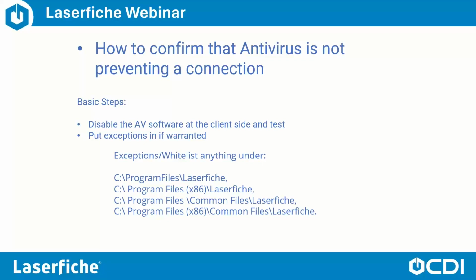And you can whitelist a path like we see here, C program files Laserfiche or C program files x86 Laserfiche, and even the common files pathing as well. So that can tell the antivirus software, hey, ignore any issues with these files. They're okay. We're fine with that. So as opposed to blacklisting, which says, no, you can't do this ever, whitelisting is really allowing for exceptions. Okay, pretty cool.